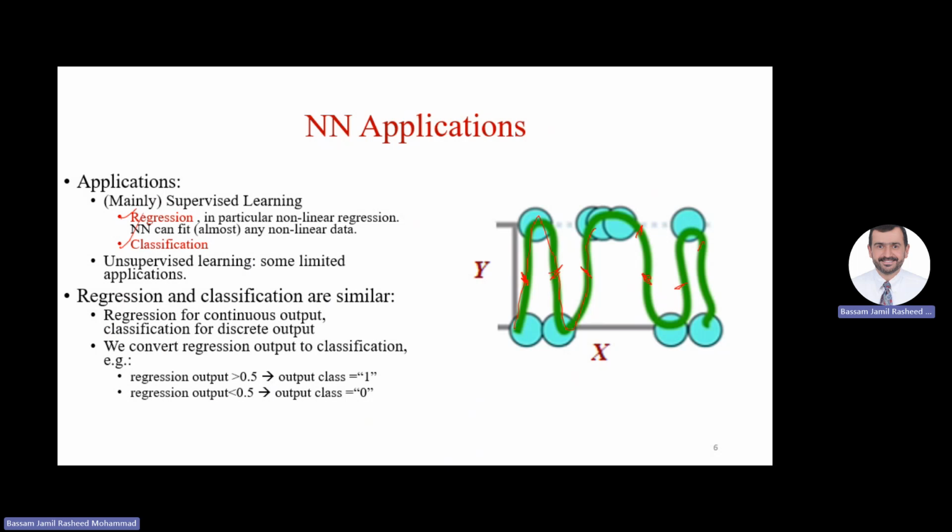The output is continuous. But if I'm doing a classification, perhaps I need either here or here. Classify for me, is this student passing the exam or failing the exam? Give me two classes, versus give me continuous.